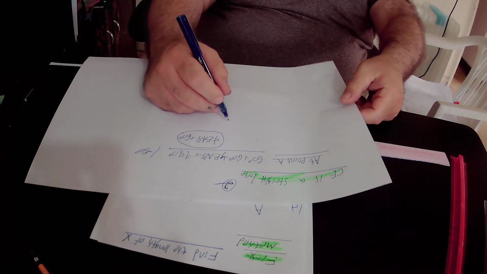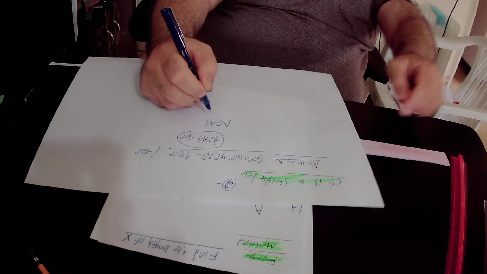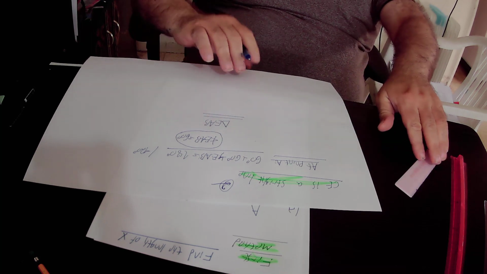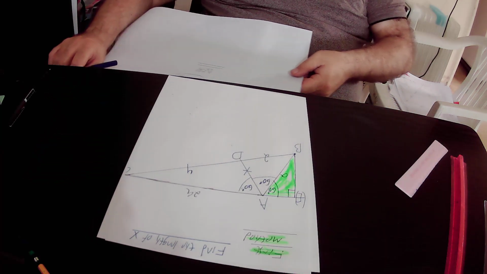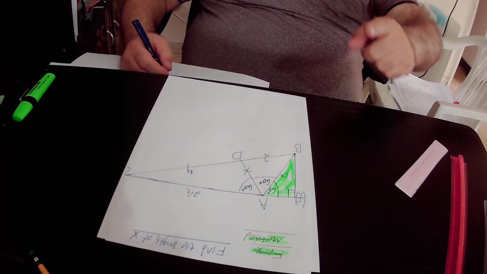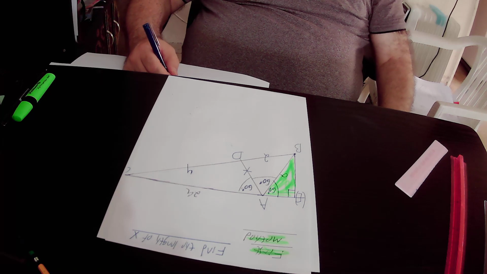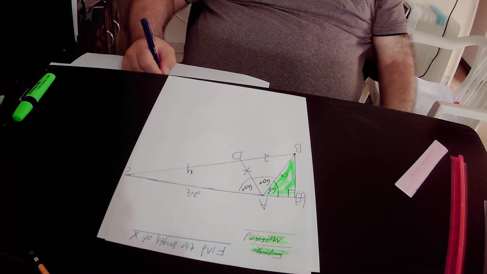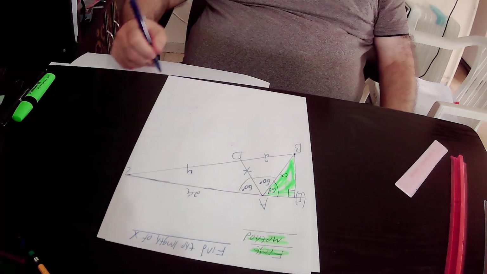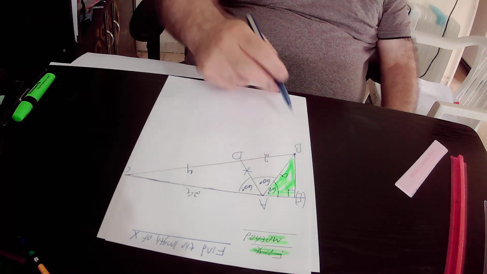In the green right triangle EAB, we know that cosine 60 degrees equals EA over the hypotenuse, which is AB.